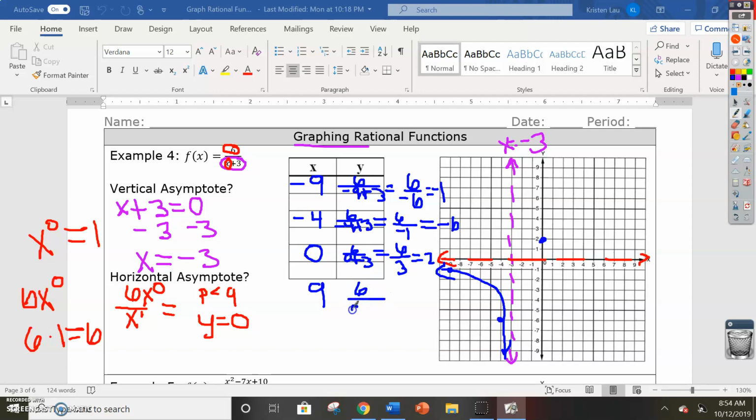So I have 6 over 9 plus 3, and that's 6 over 12, which is 1/2. So when x is 9, y is 1/2. So then I know it's going to look something like that. And you should know that there is no x-intercept because the horizontal asymptote is there.